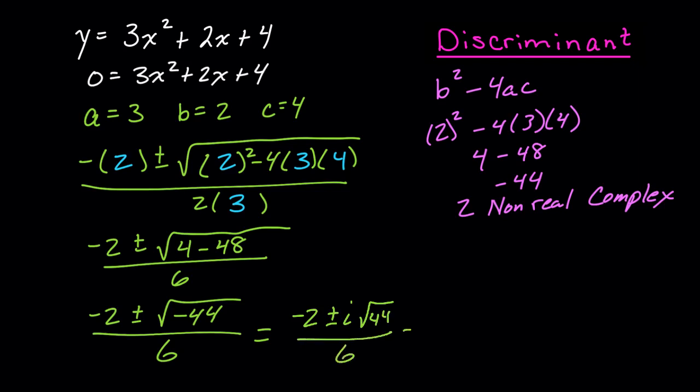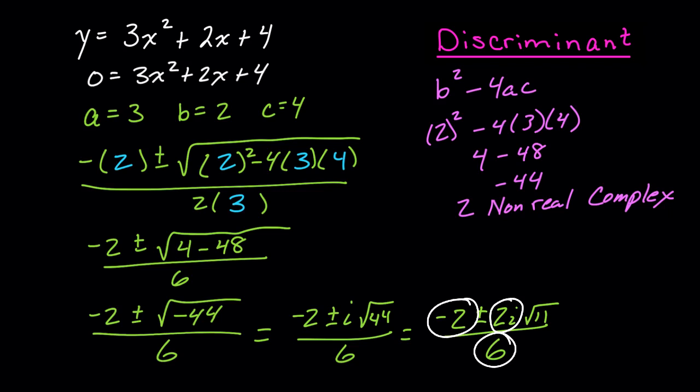And then if you simplify the radical 44, that's 4 times 11, which is 2 times 2 times 11. You got a pair of 2's that will come out. This becomes negative 2 plus or minus 2i square root of 11 over 6. Now what you want to look at are this term, and this term.